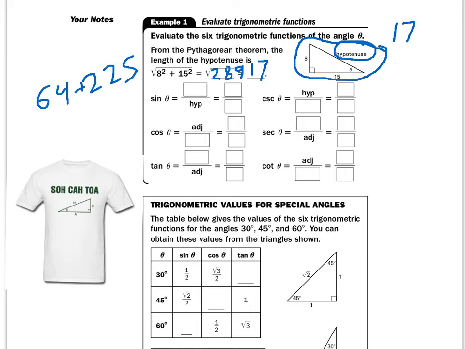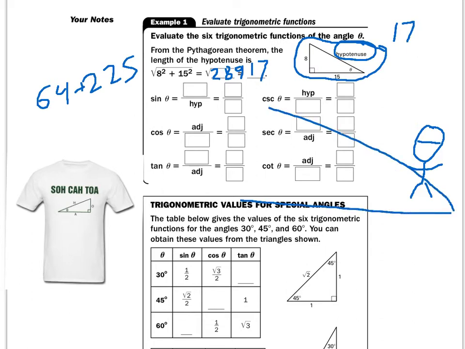If I'm trying to find sine of theta, what I like to do is take that theta and imagine that that's me standing in the corner of this right triangle. The side down here that I can touch, I'm adjacent to it.